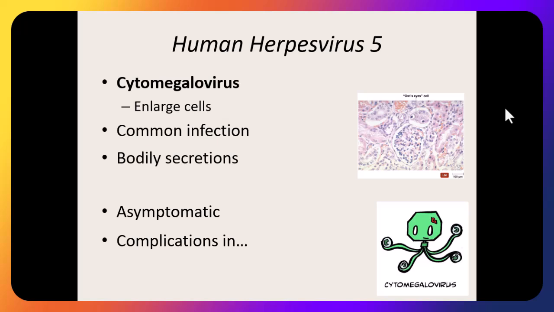Now, some of the complications depend on the status of the individual that has it, and where the infection is really concentrating. So it can cause birth defects. If mom has it and transferred it to baby, it can cause birth defects. It can cause jaundice. It's not the only thing that can cause jaundice in kids, though. It can cause anemia in kids.